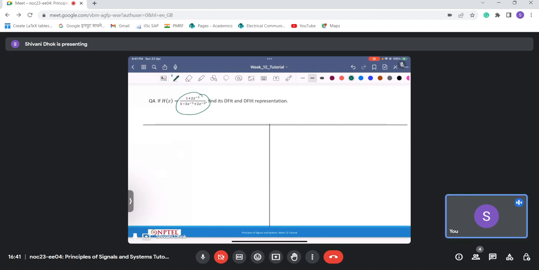Even if the power is greater, you can realize it, but that system may not be causal. And if the expression is just a polynomial, then that becomes an FIR system. And if it has to be causal, then the exponents of z should be negative or 0.